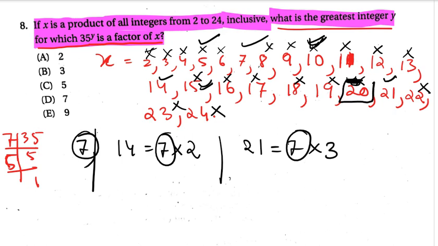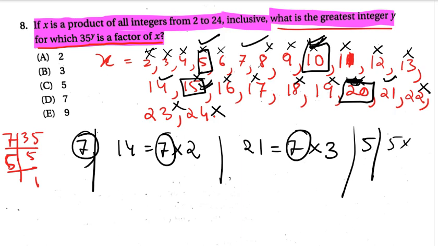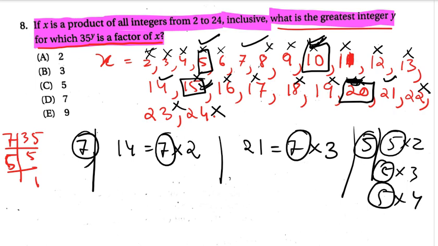Okay, so let's box them up, the ones with a 5: 10, 15, 20, nothing else. So you see, for the 5 you have 5, then 5 into 2, then 5 into 3, and then 5 into 4. So you can see there are more 5s over here than 7s.